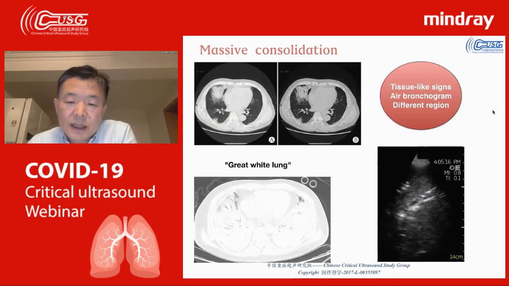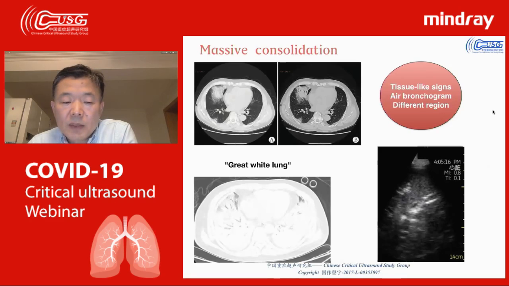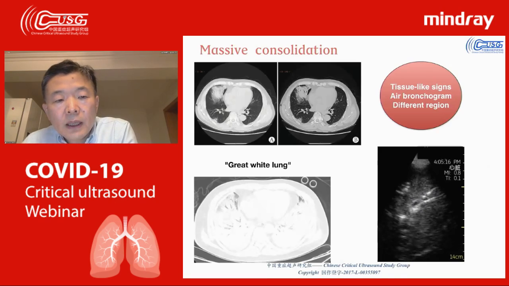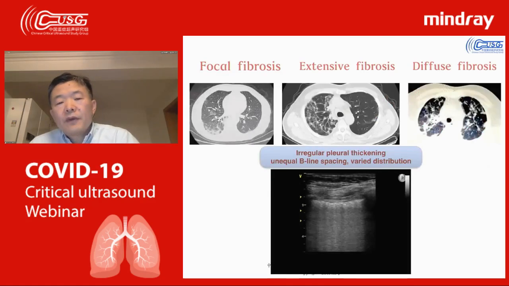And a dynamic airway bronchogram tells you maybe the airway is okay.